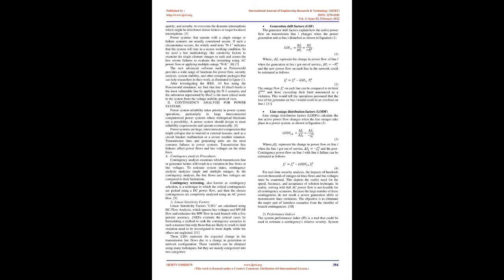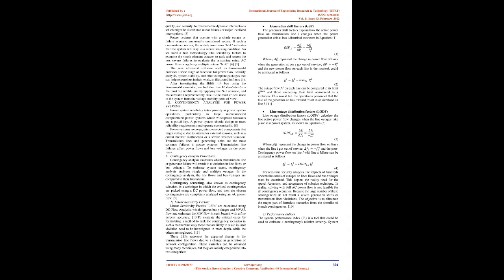Power systems are huge, interconnected components that might collapse due to internal or external reasons, such as a circuit breaker malfunction or a severe weather situation. Transmission lines and generating units are the most common failures in power systems. Transmission line failures affect power flows and bus voltages on the other lines.